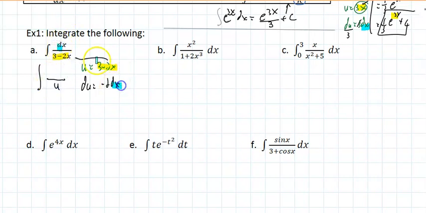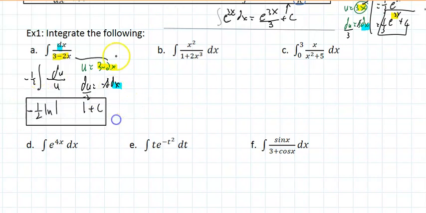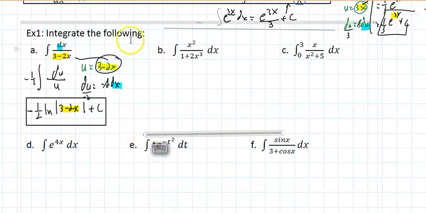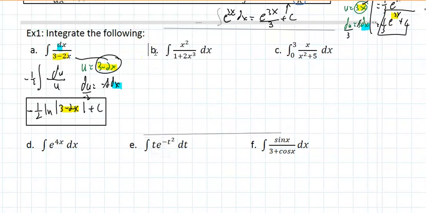And dx is really du with a negative 1/2. So that is negative 1/2 natural log of absolute value of u plus c, right? And if we recall what was u, it was 3 minus 2x, and that's how it's done. Fairly simple. Just use the u sub correctly.